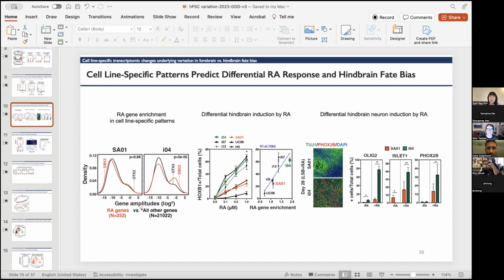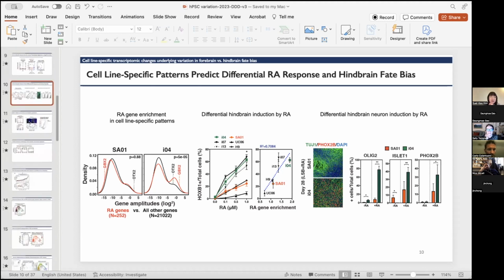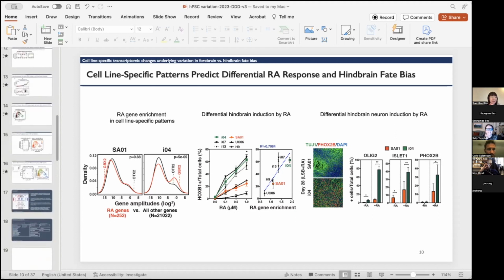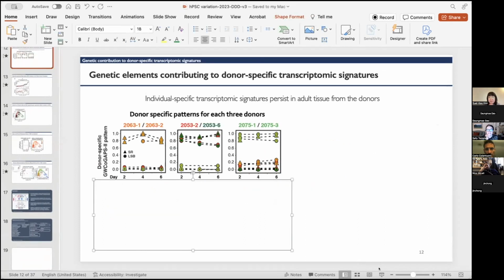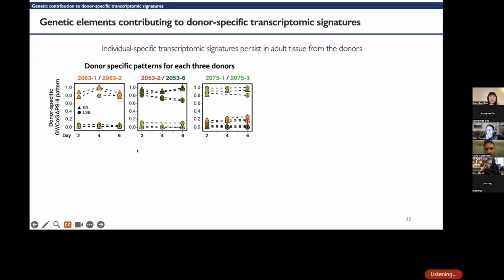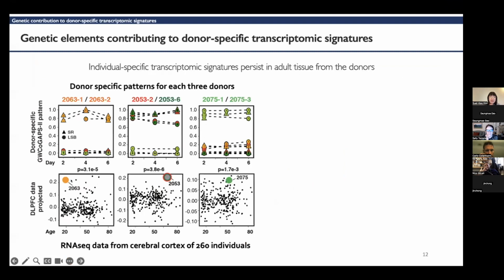But when we do the connectivity analysis, with many analyses, we actually separate out donors which show similar characters to other individuals. And that's something we see at some level here, which is the 3 donor specific patterns that we identified.